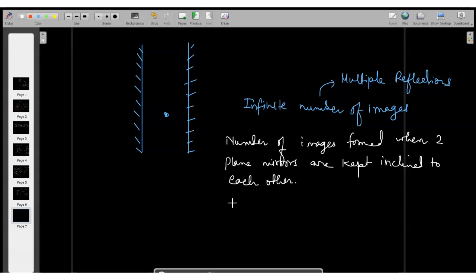There's a formula. The formula is n equals 360 by theta minus 1. What is n? n is the number of images. What is theta? The angle of inclination between the two mirrors.